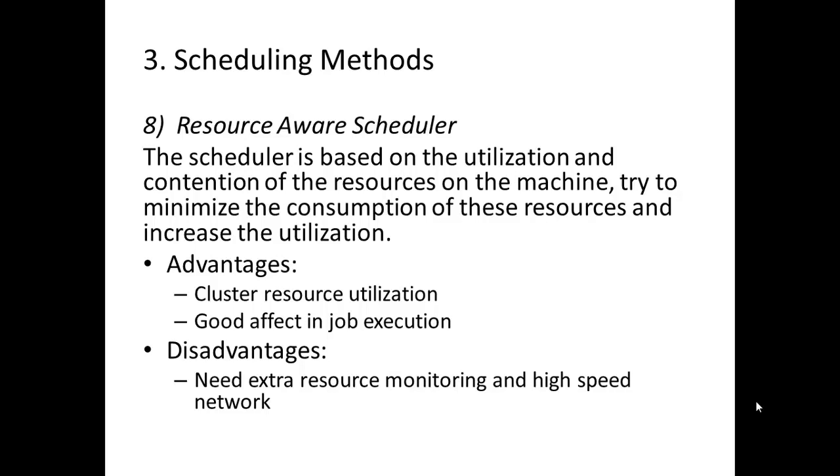The next one is the resource aware scheduler. Resource aware scheduler considers resource availability for job scheduling, and the scheduler is based on the utilization and the contention of the resources on the machine. Also, it tries to minimize the consumption of these resources and increase the utilization.